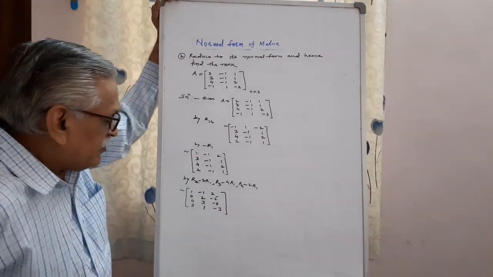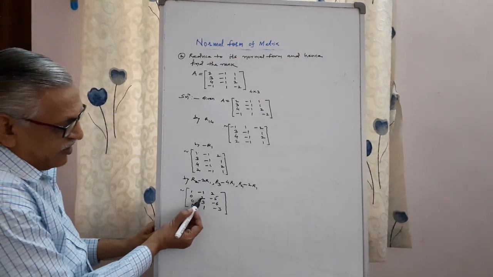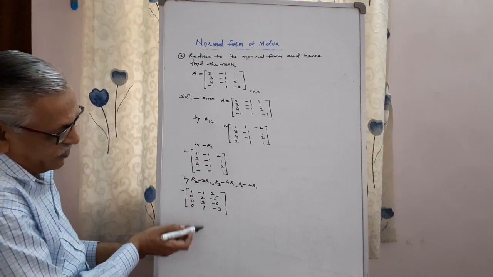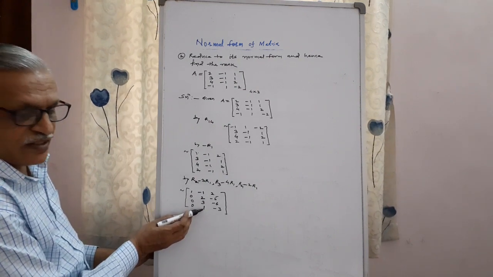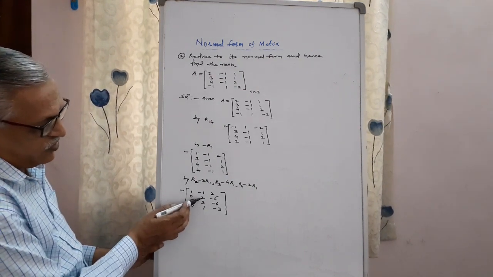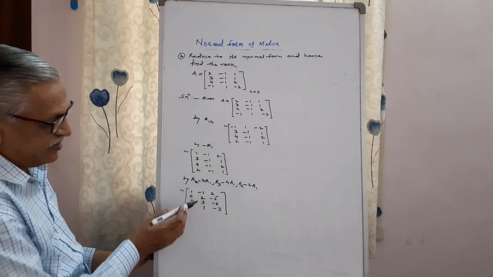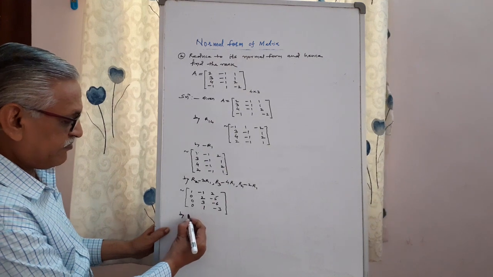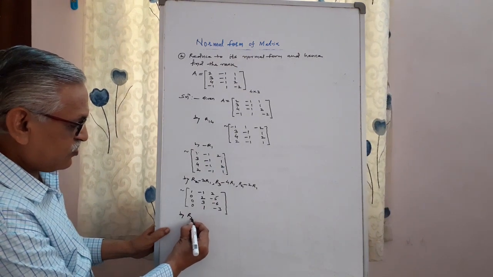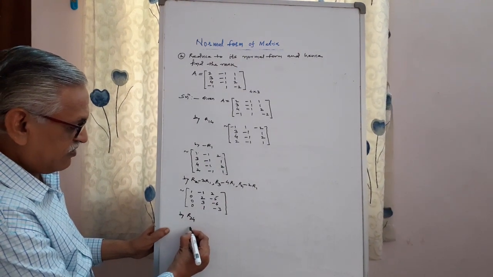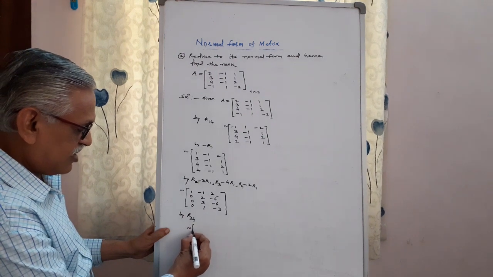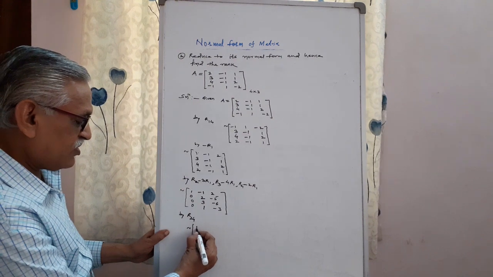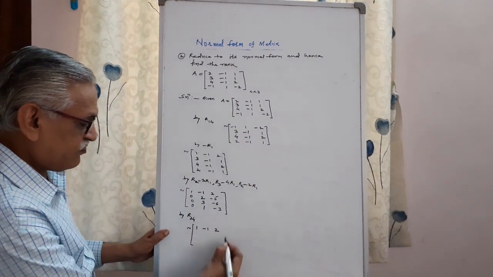Then the second diagonal element is 2. Check whether any 1 is available below it. Yes, here it is 1. Therefore, interchanging these two rows, we get the required 1, by R24. By applying this transformation, we get the first row once again no change, 1, -1, 2.